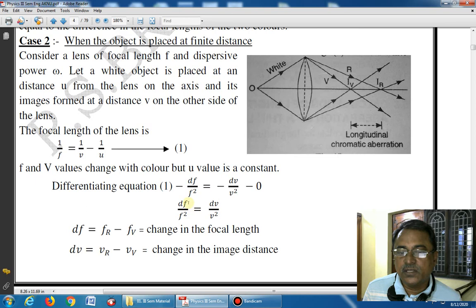Df means change in the focal length and dv means change in the image distance. We write df as fr − fv, which is the change in the focal lengths, and dv = vr − vv, which is the change in the image distance.